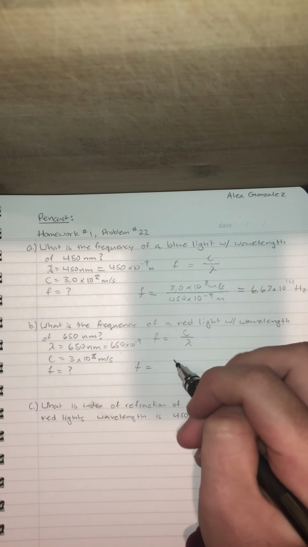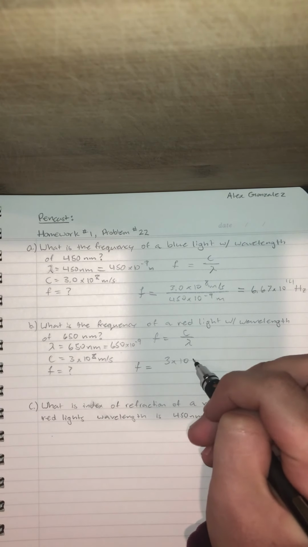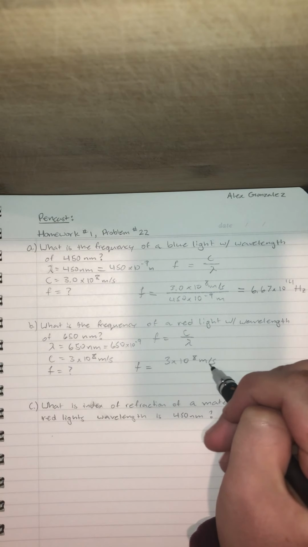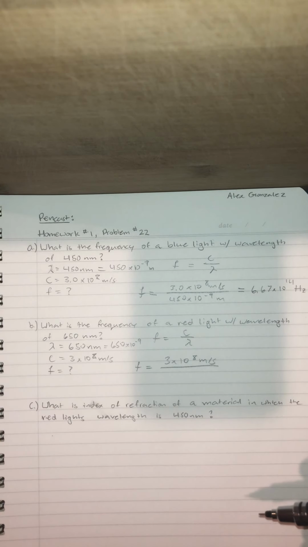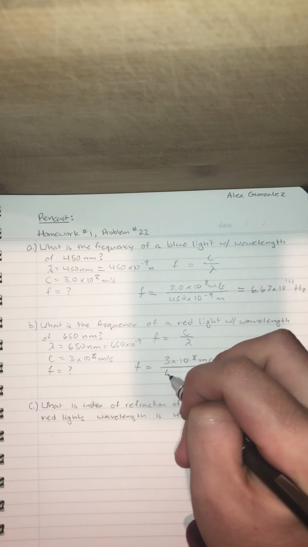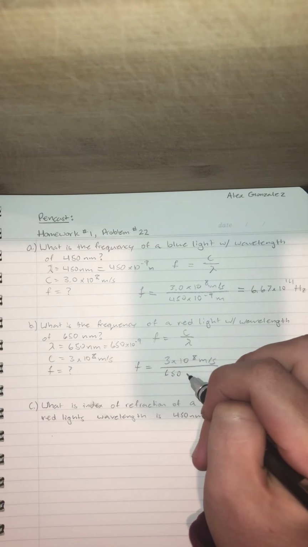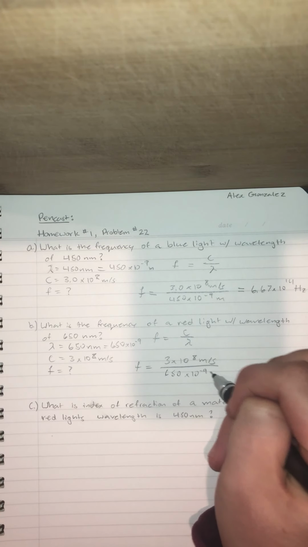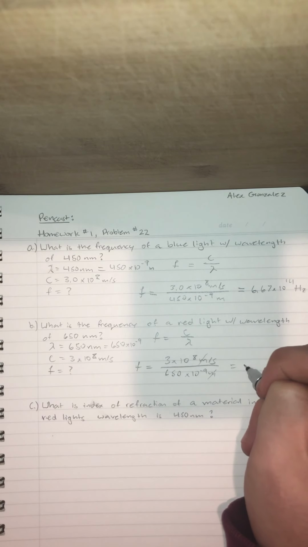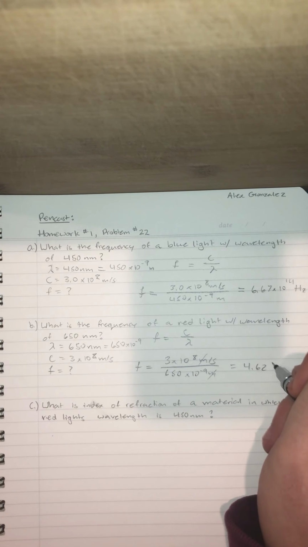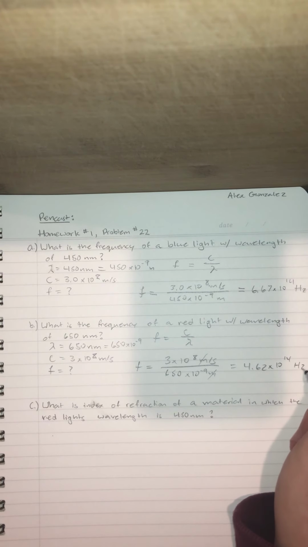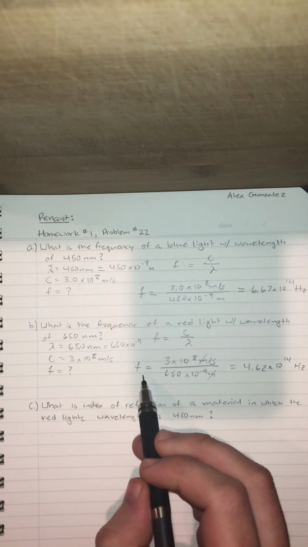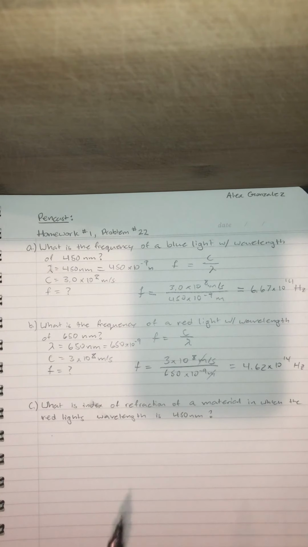And from here we just plug and chug again. We're going to cancel, and we're going to end up with 4.62 times 10 to the 14th hertz. And again, that's our frequency, and our meters are canceling, so we end up with hertz.